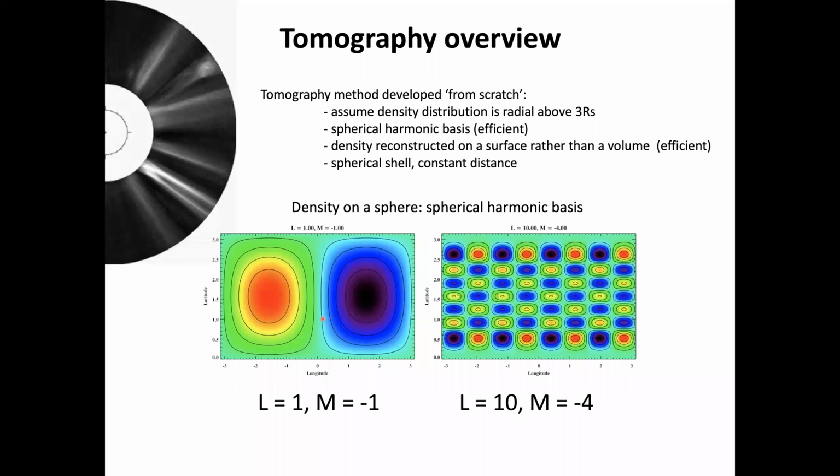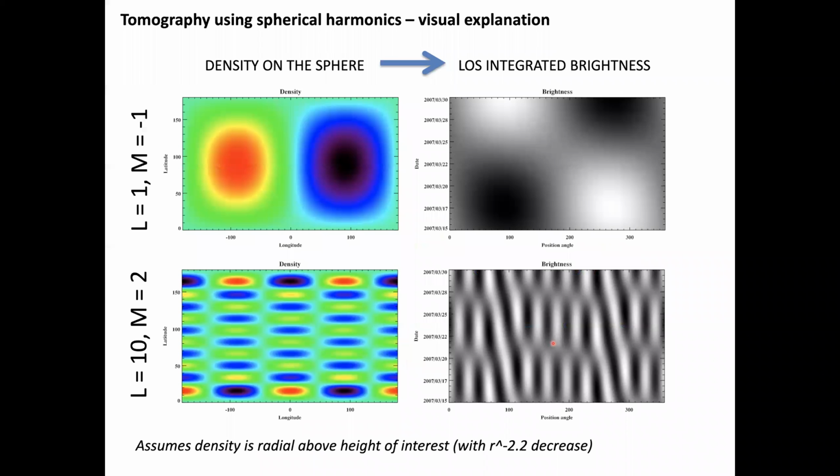So this is a low order on the left, going to higher orders. And then for each spherical harmonic order, we can do our line of sight integrations through these densities and create a brightness distribution or a sinogram for each spherical harmonic order.